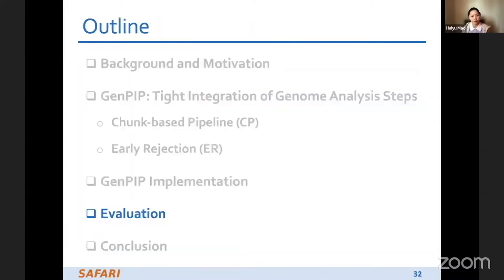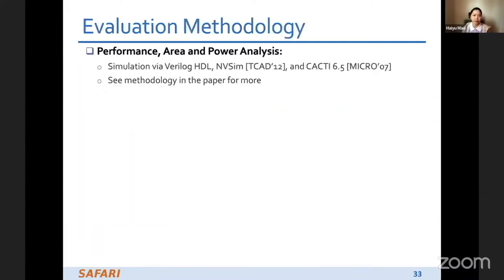So, okay, then let's have a look at the evaluation. We use several simulation technologies, and you can read our paper for more methodology details.